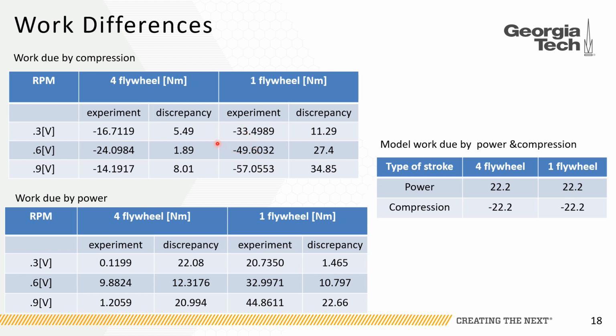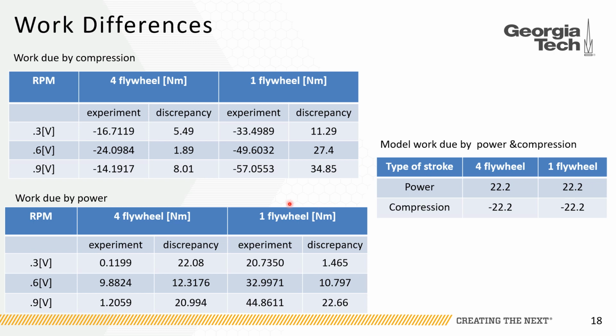And when we calculate that out for the 4 flywheel case at each RPM, and for the 1 flywheel case at each RPM, these are the values we get. And you can see the discrepancies between them and the expected values found by the theoretical model on the previous slide.